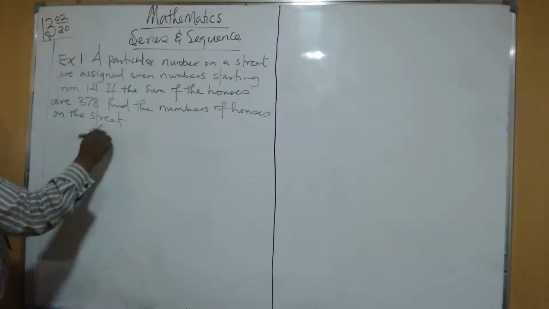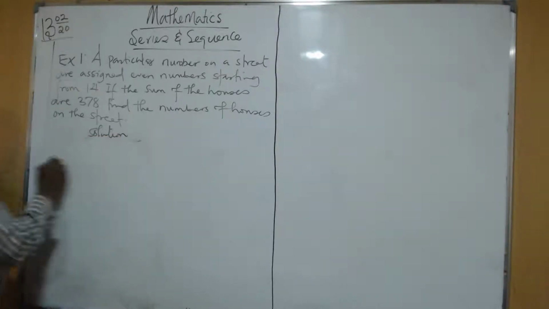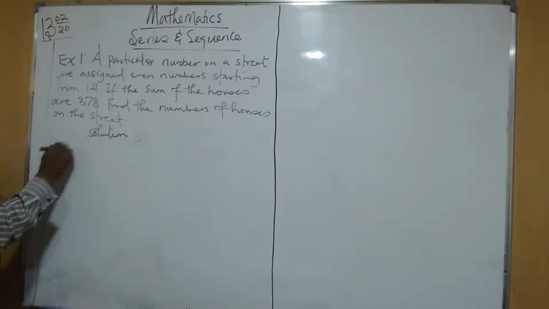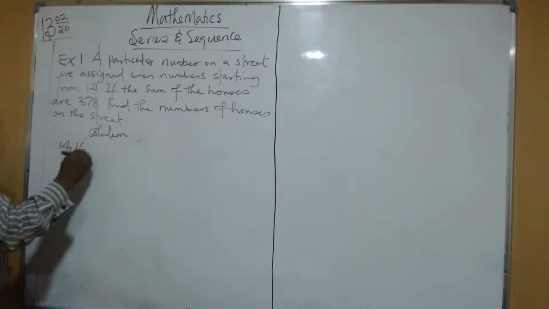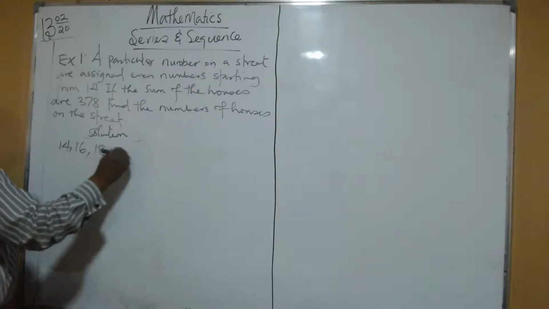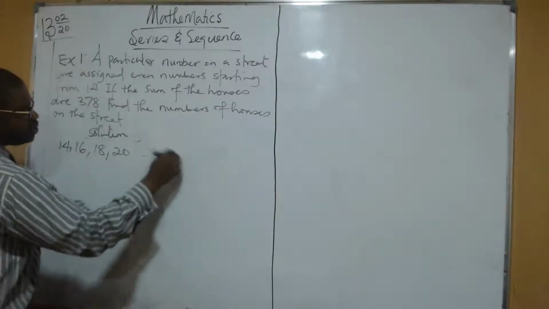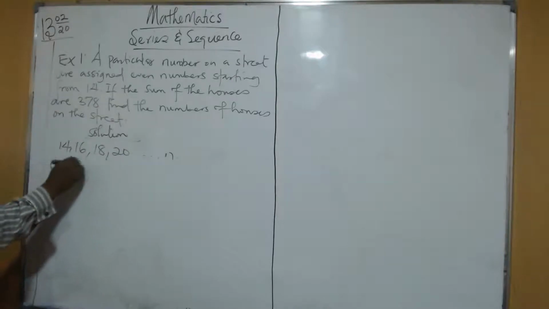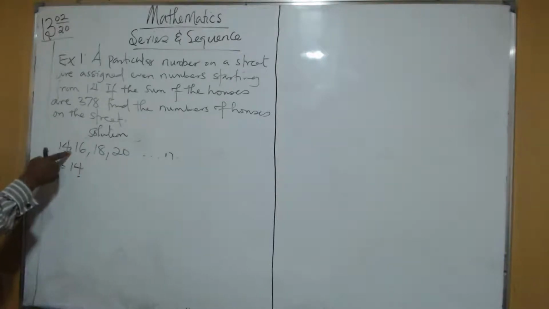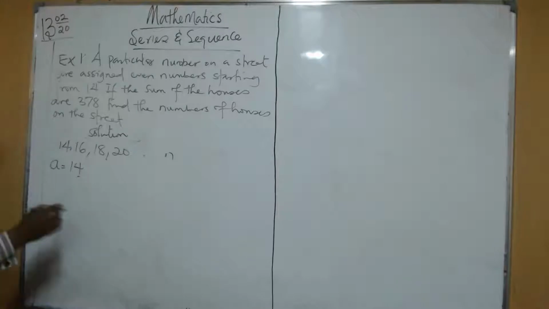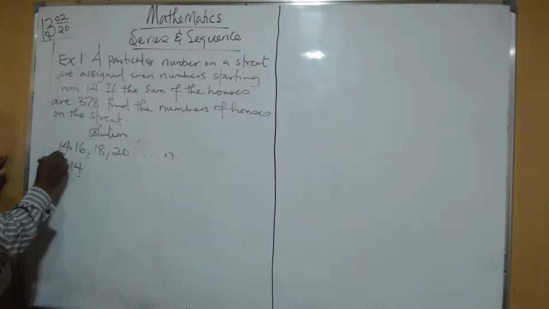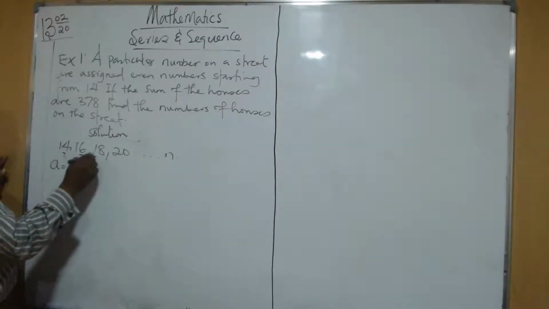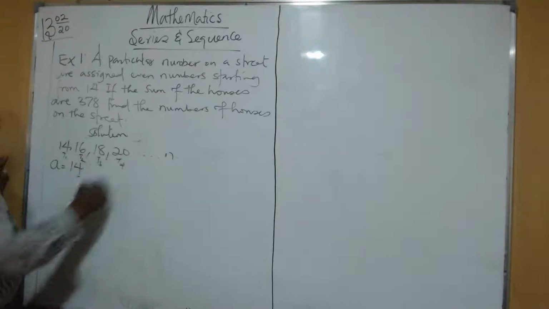Solution. The numbers start from 14, 16, 18, 20, and so on. The first term there will be 14, being the first number on the street. Now the common difference: this is the first term, the second term, the third term, and the fourth term.